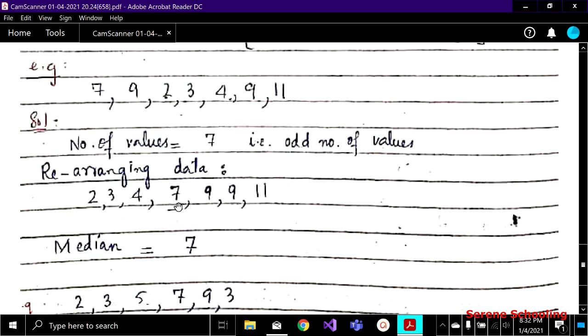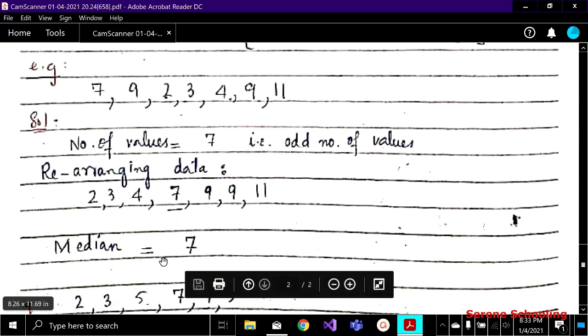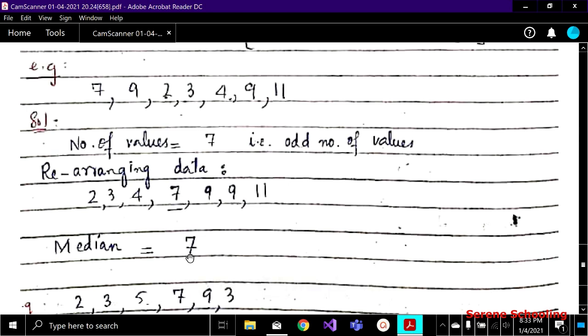It's this 7: the left part of the data is 3 values, and the right part is also 3 values. So this 7 has divided the whole data into two equal parts. One part is this, the second part is this. So the median is 7, the central value dividing data into two equal parts.